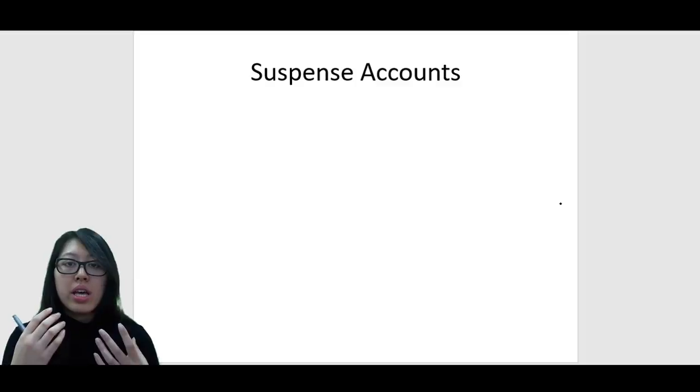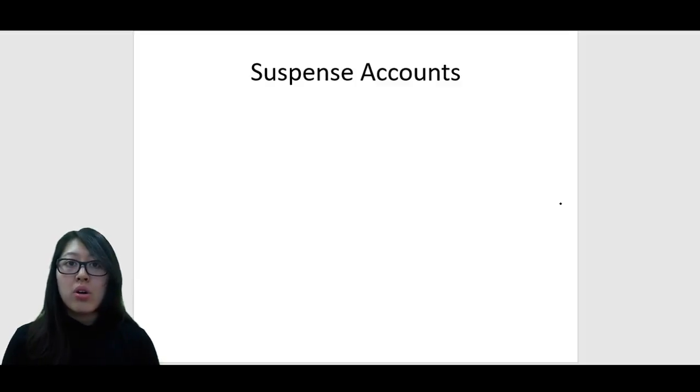So for example, if there has been a withdrawal of cash from the business but I don't know what it's for, then the opposite journal entry would be to use a suspense account. It's really just a temporary account compared to the other accounts like a cash account or a sales account. Those are permanent and they're always kept in my books. A suspense account is really just temporary.